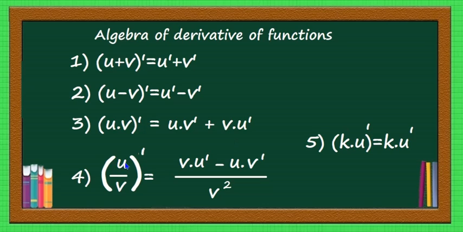And u by v dash is equal to, first you have to take v, g of x, into the derivative of numerator, v u dash minus u v dash, divided by g of x whole square. What is g of x here? v square. And the last one, a constant can be taken outside, that is k into u whole dash is equal to k u dash. And you can memorize easily if you know this list.